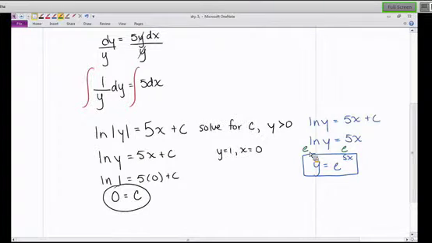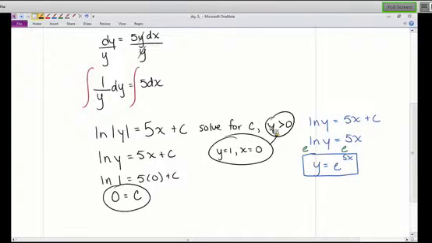What indicates that you need to solve for c? The reason we're solving for c is because we are given a condition. You have an initial condition in this problem. Since we're given the initial condition that y is equal to 1 when x is equal to 0, and y is greater than 0, we have to first solve for c.